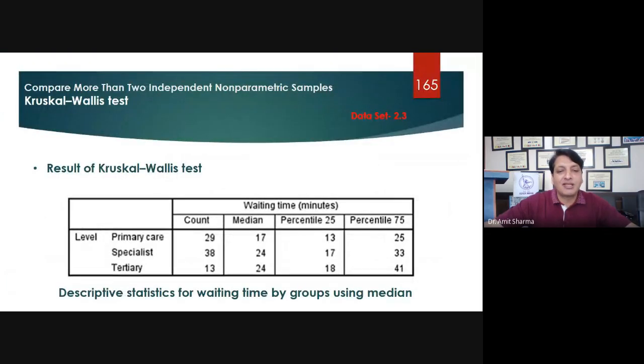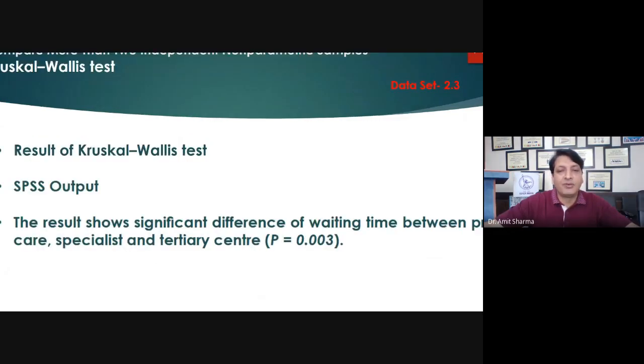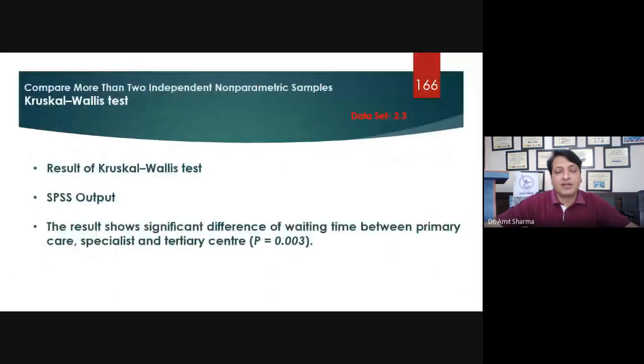So descriptive statistics for waiting time by group using median you can add in the thesis or in the research paper. So no need to add a whole table in the research paper or in the thesis. Directly you can write the results in the form of MLA style, as I told you in the previous test also.